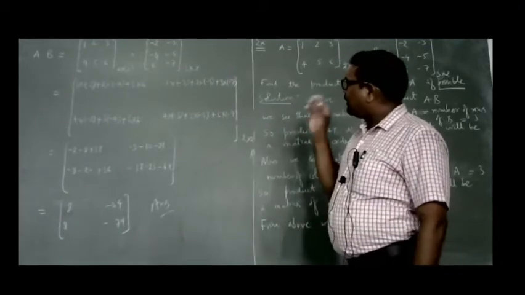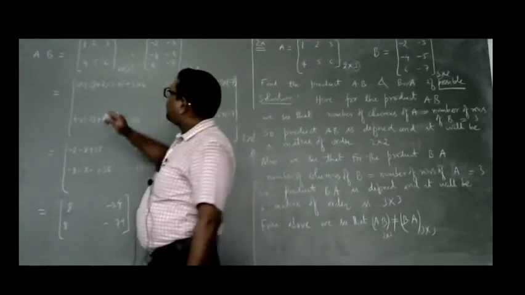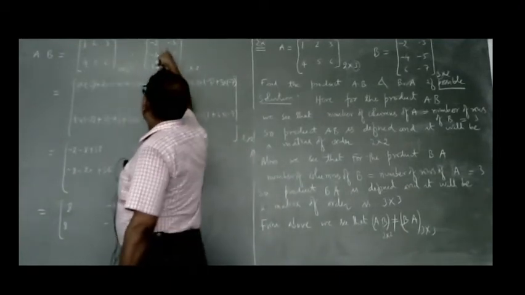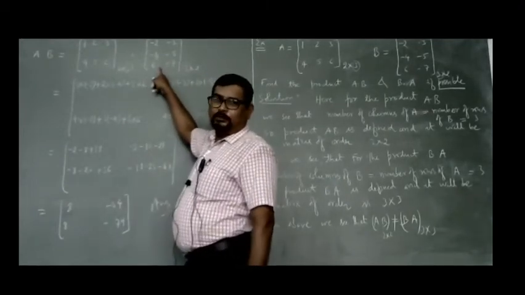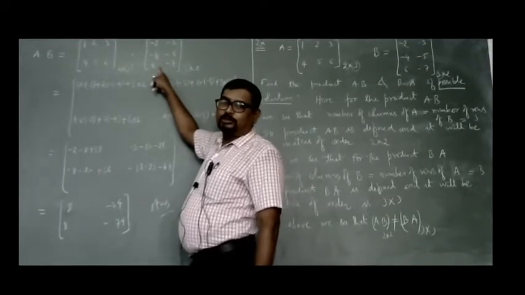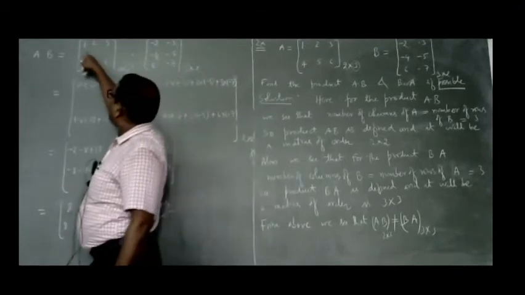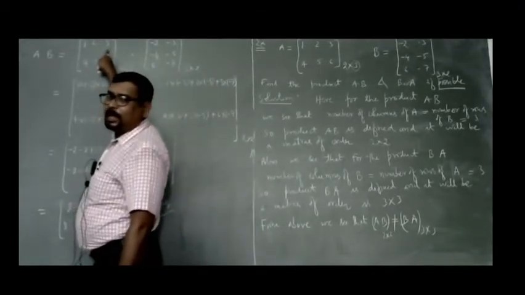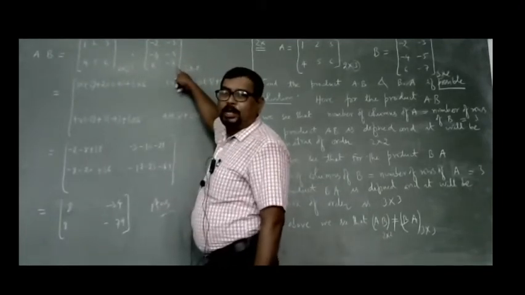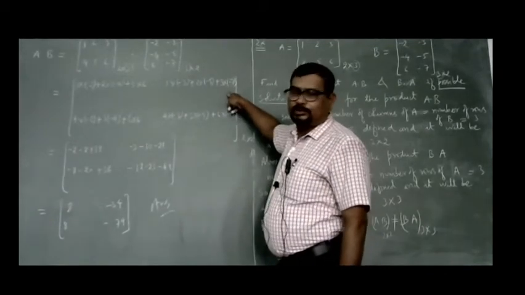So, when you are going to find the product AB, you have to multiply the first row of the pre-multiplier to the first column of the post-multiplier. You will get the product matrix's first row and first column element. When you multiply the first row of the pre-multiplier to the second column of the post-multiplier, you will get the first row and second column element of the product.